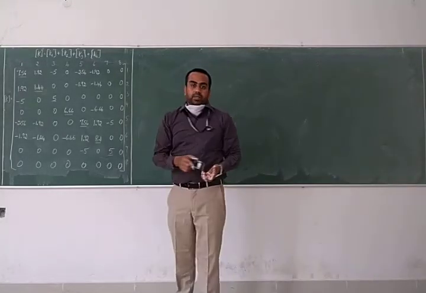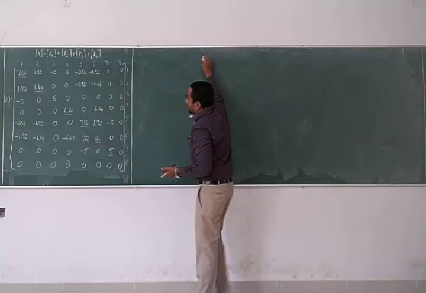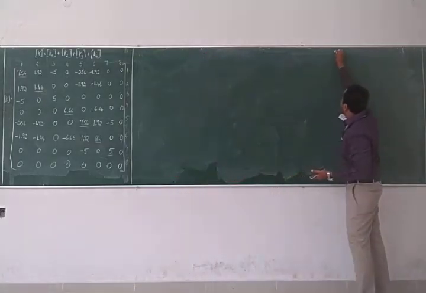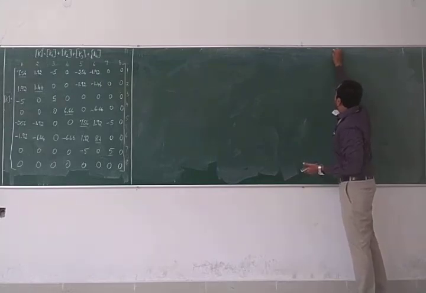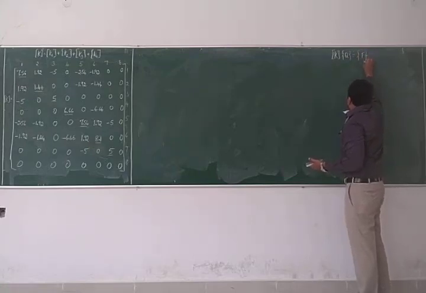The equilibrium condition is given by, I'll write it on this side, K into Q is equal to F. Now what is the value of Q?